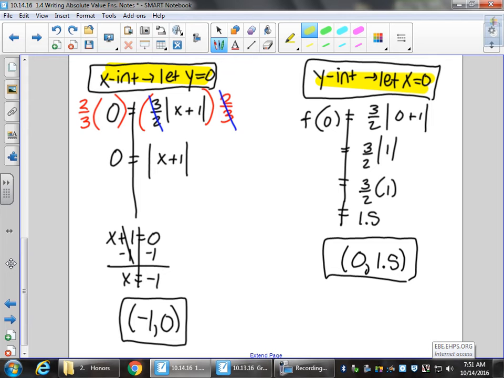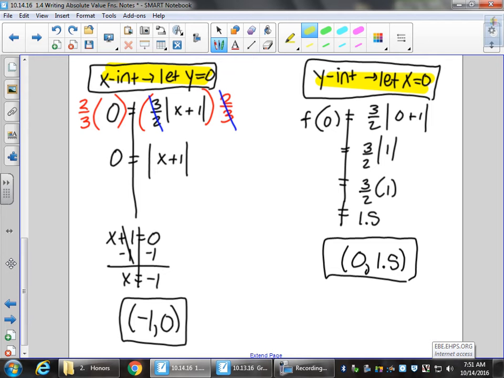So no matter what you do in here, in these bars, it'll always come out to be a positive result. You will never get this to equal a negative. It's impossible. Because to get an output, you got to take the absolute value of whatever's inside. The only two options for what's inside is positive or negative, and either way, it always comes out to be positive. Right? Good question.